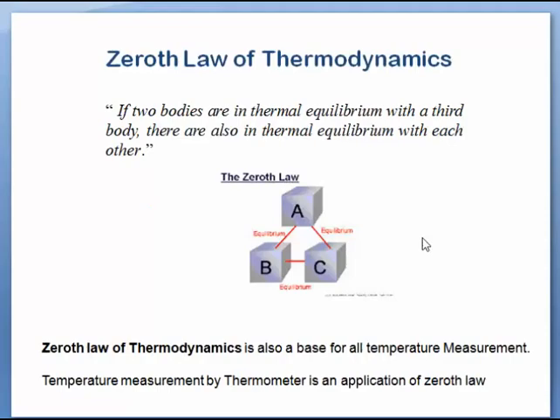It tells that if there are three bodies, body A is in thermal equilibrium with body B, and body B is in thermal equilibrium with body C, then body A will also be in thermal equilibrium with C, and all these three bodies will be in thermal equilibrium with each other. The zeroth law of thermodynamics is also a basis for our temperature measurements. Temperature measurement by a thermometer is an application of the zeroth law.